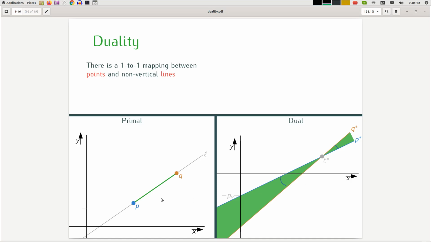Therefore the dual of this green line segment, if I look at it as individual points, is a set of lines that pass through L star and lie between these two lines. Again, that's one example of how we can form the dual of a slightly more complex object by just reasoning about the specific properties of this duality transformation.